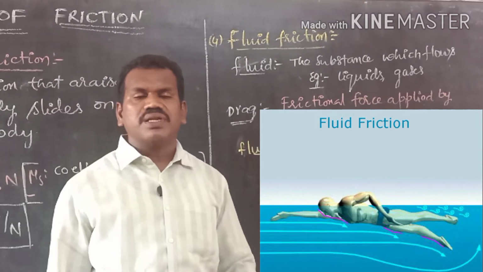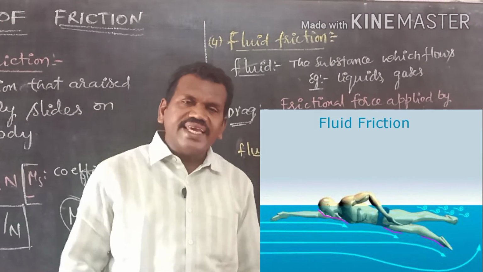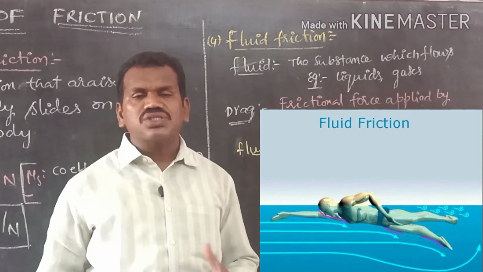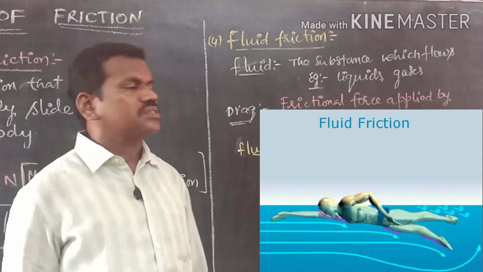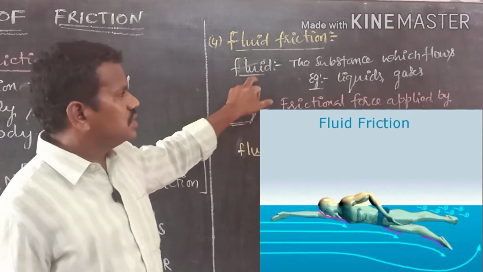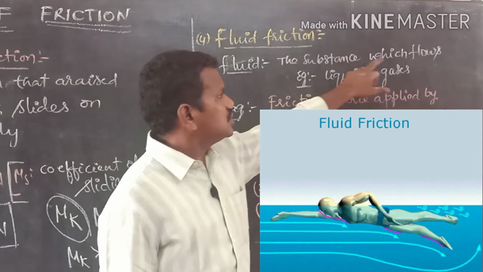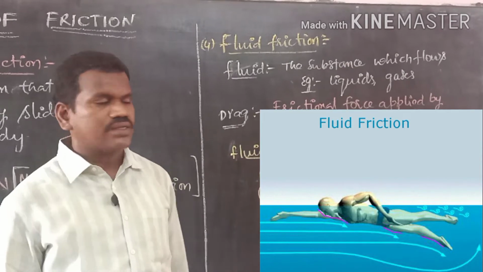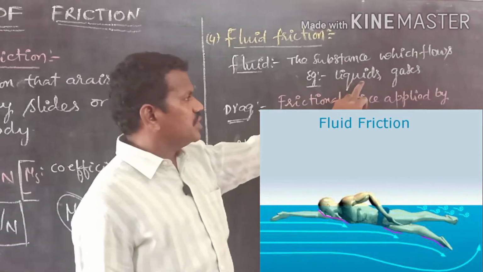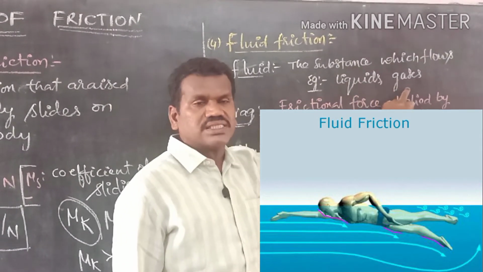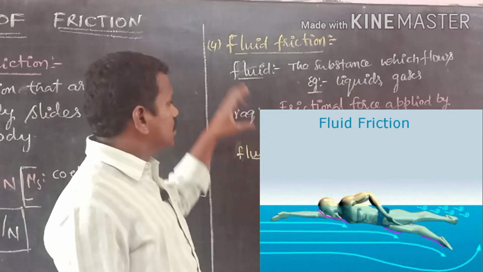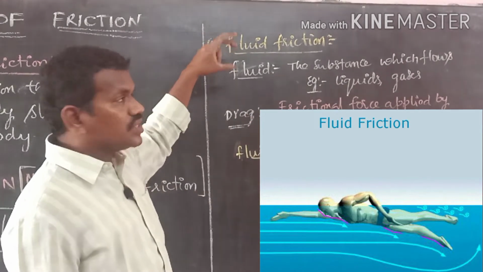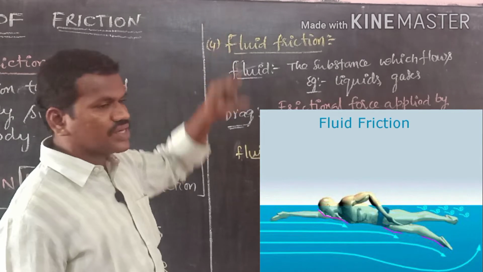Air flows from one place to another place. Any gases will flow from one place to another. They are called fluids. So the substances which flow from one place to another are called fluids. The examples of fluids are all the liquids as well as gases. Now we are going to discuss the meaning of fluid friction.